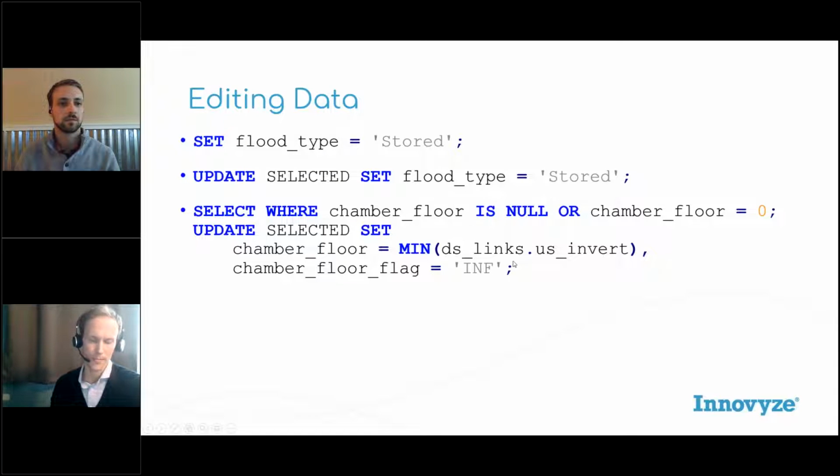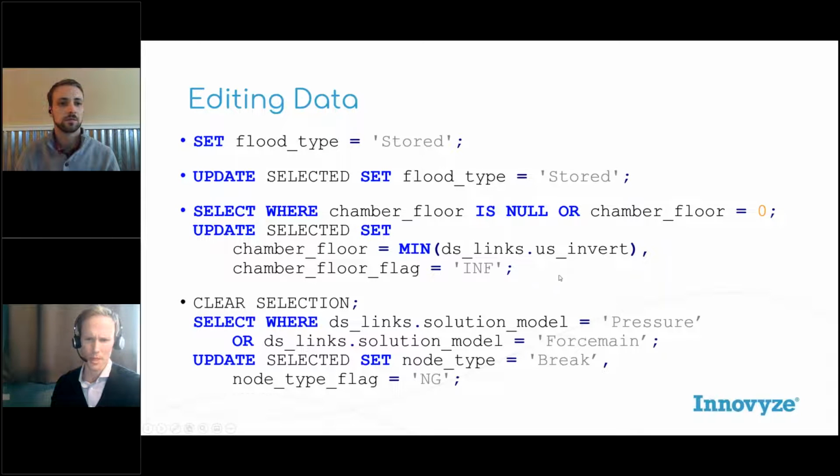node invert is. So here's another example where I've seen models where maybe you still have manholes connected to your pressure mains, and in InfoWorks ICM, it's recommended that you use break nodes on pressure mains. And so here is an example query where you could achieve that.